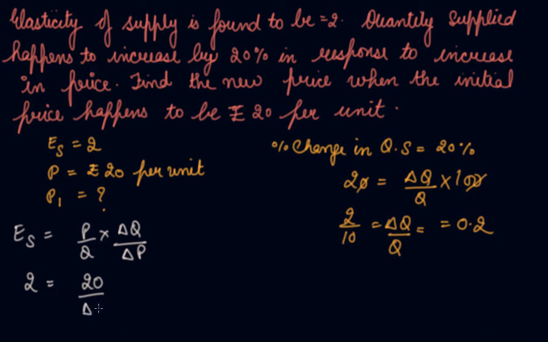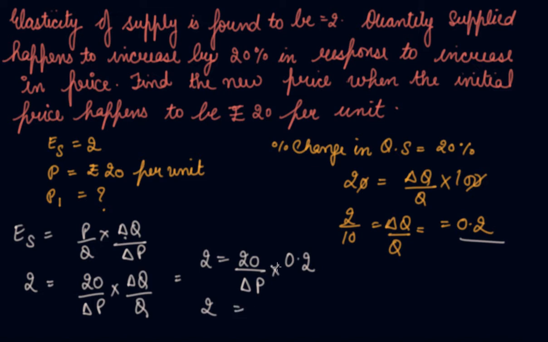We can take change in P here, and change in Q by Q we are given as 0.2. So we can put it into the formula. 2 is equal to 20 by change in P into 0.2, which gives you 2 is equal to 4 divided by change in P. So change in P will be equal to 4 divided by 2, that is 2.